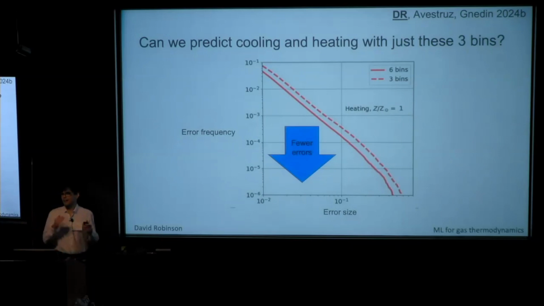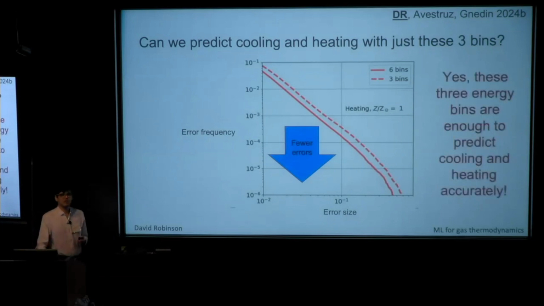It sees more data, it should perform better, but the performance is really very, very similar. So what we conclude is that yes, these 3 energy bins are in fact enough to predict cooling and heating accurately. We tried only selecting the 2 most important bins from the feature importance analysis, and it does not look nearly this good. 2 bins are not enough.